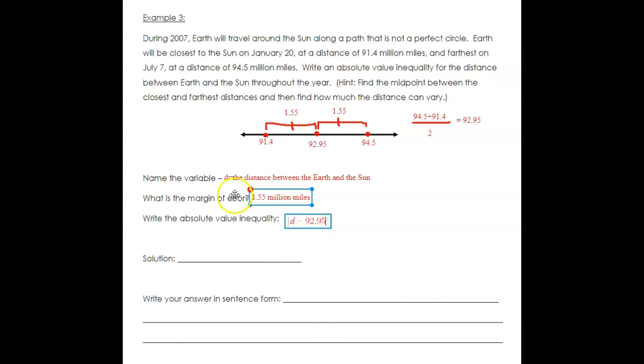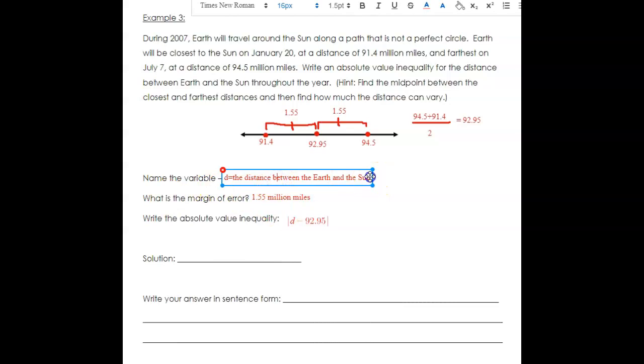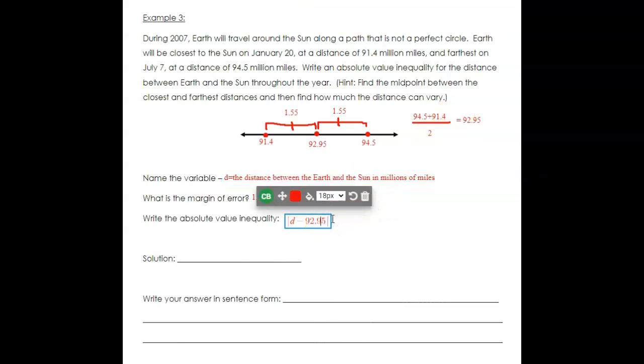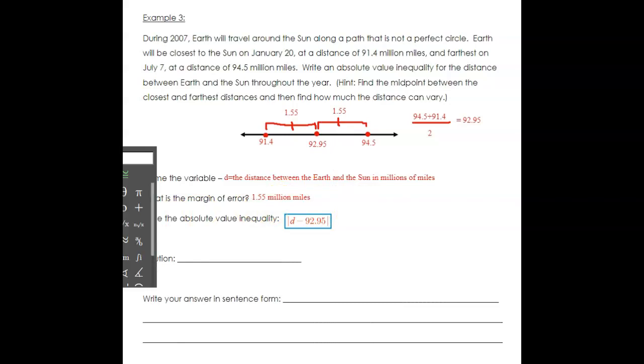We'll say it's the distance between the Earth and the Sun in millions of miles. That way we can keep our 92.95 and we don't actually have to type out the whole million. And that needs to be less than or equal to your margin of error. So less than or equal to 1.55 million miles.